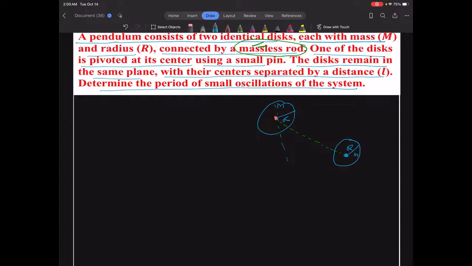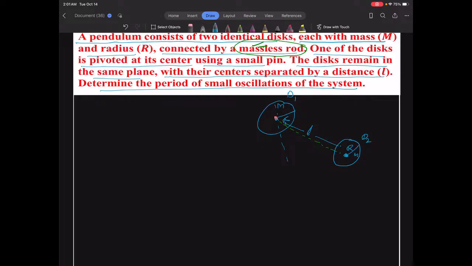And L is the length of the rod that is in between the centers. Let us suppose the top disc is D1 and this is disc D2. So D1 is pivoted at the center.